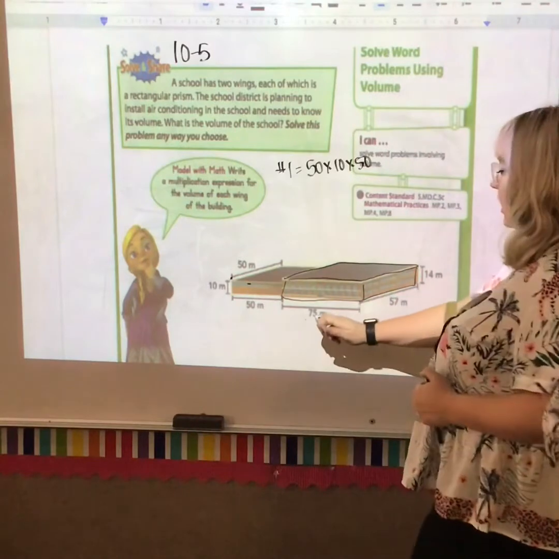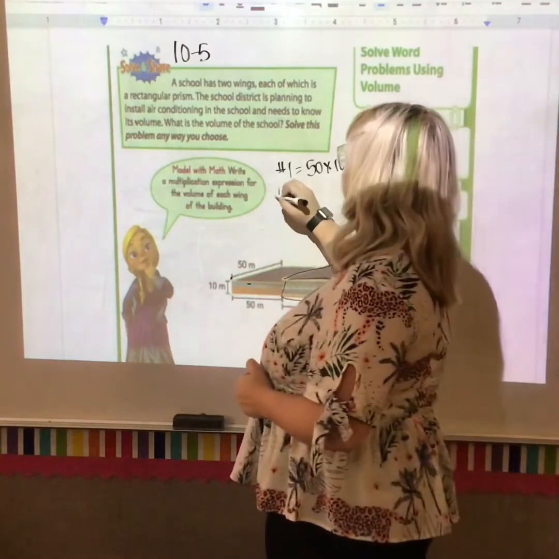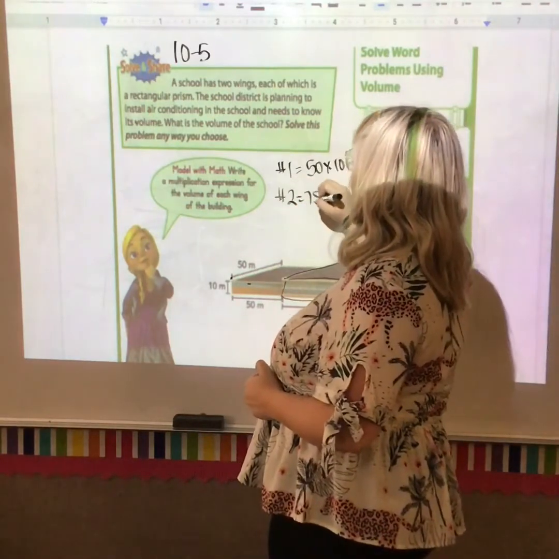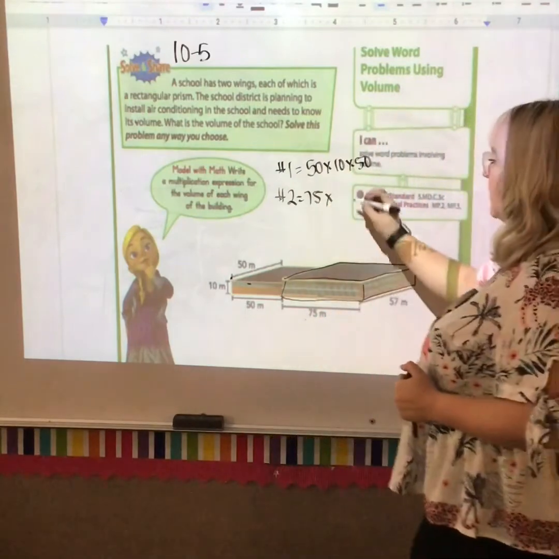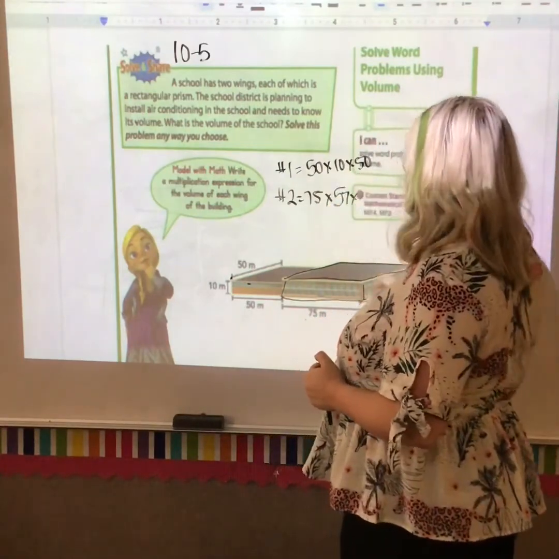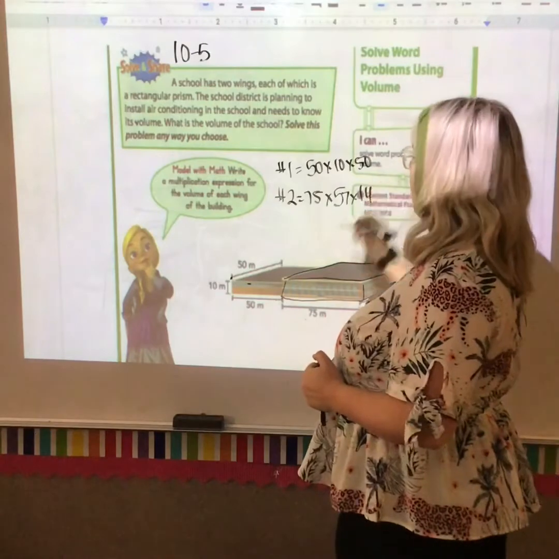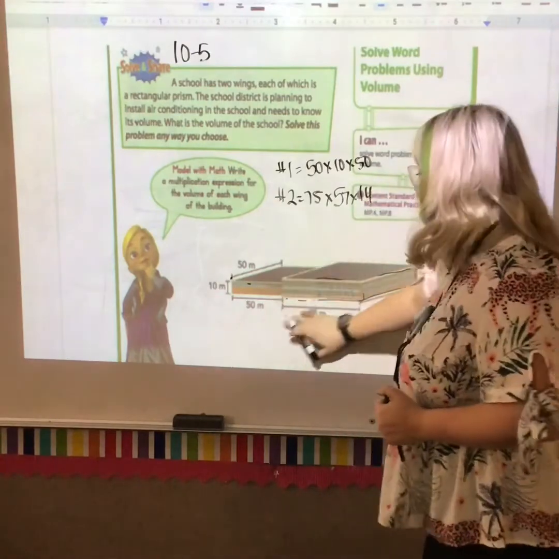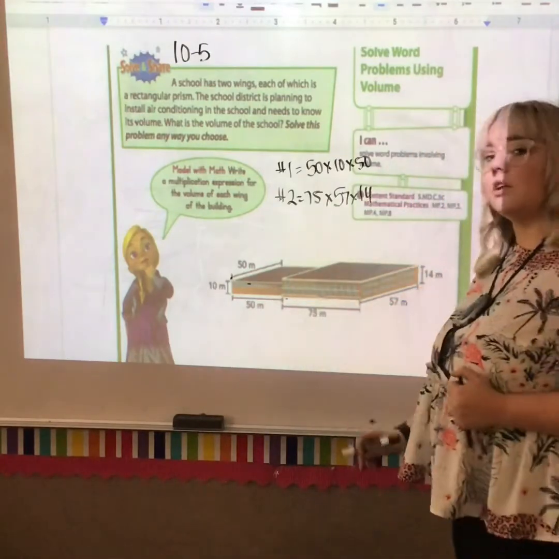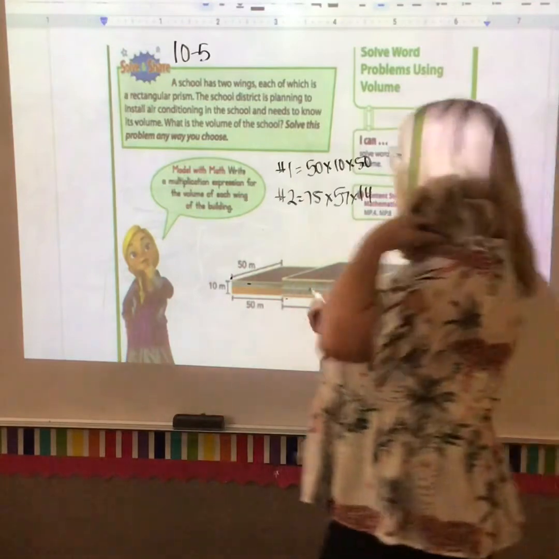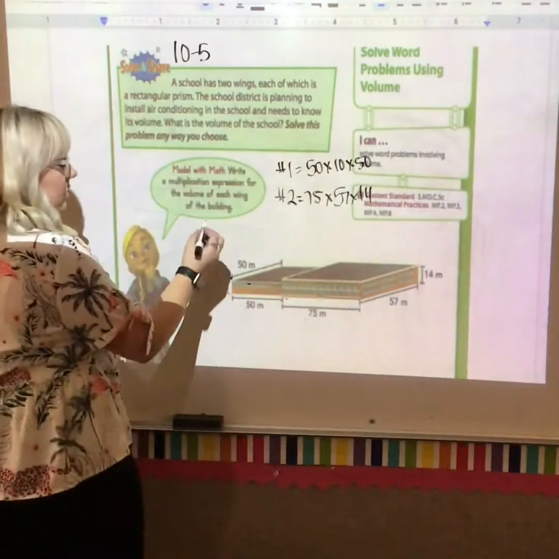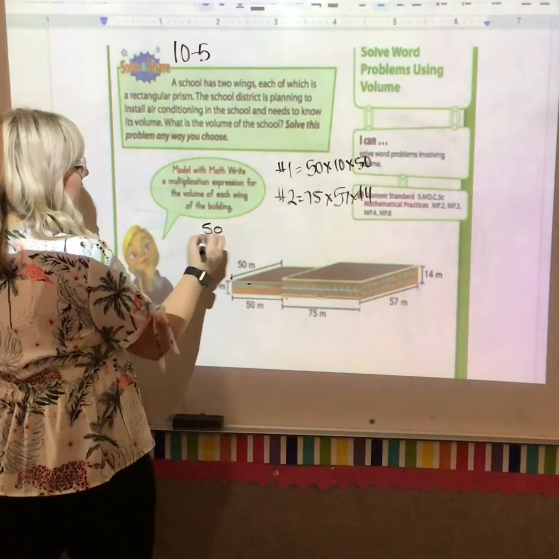You're going to use 75 for the length times the width of 57 times the height of 14. So that's a lot of big numbers, so you're going to have to be very careful when you are multiplying to solve this.